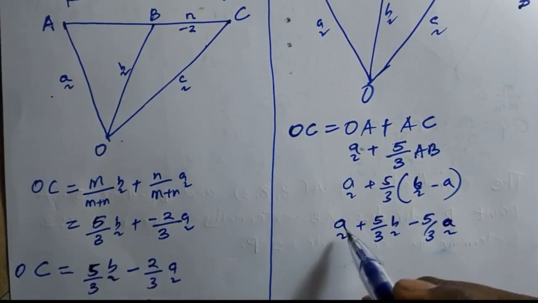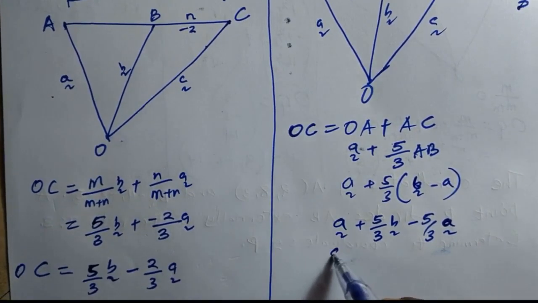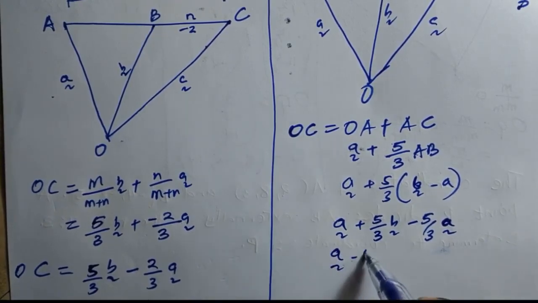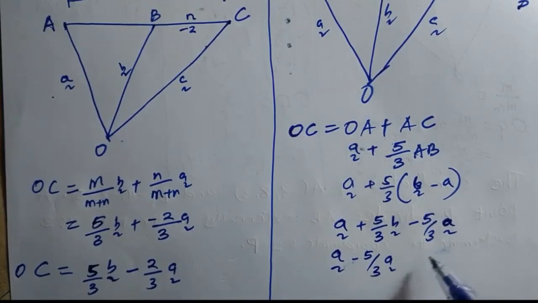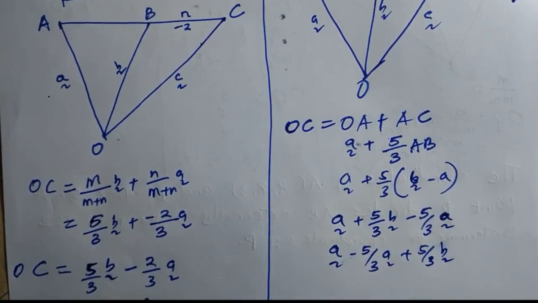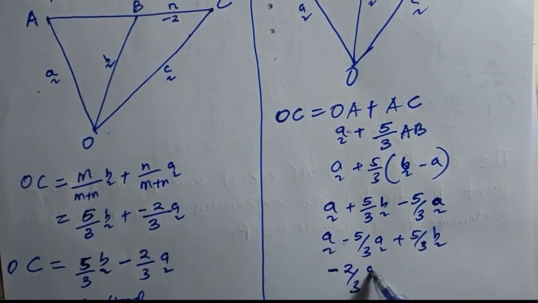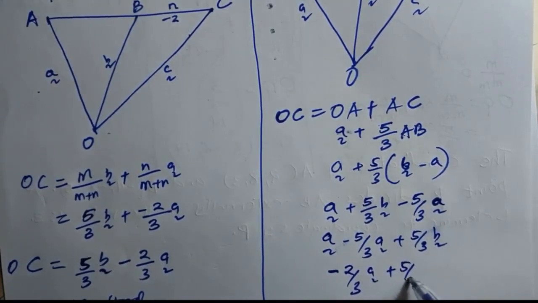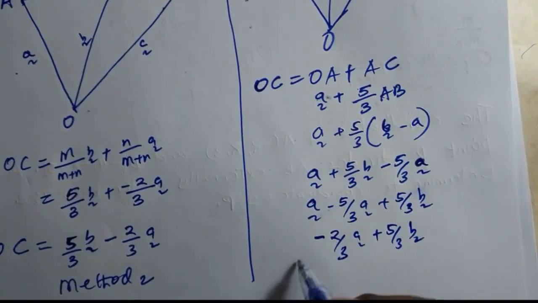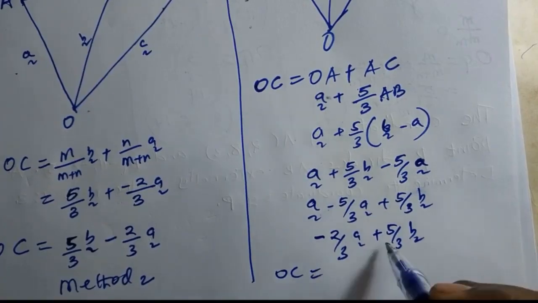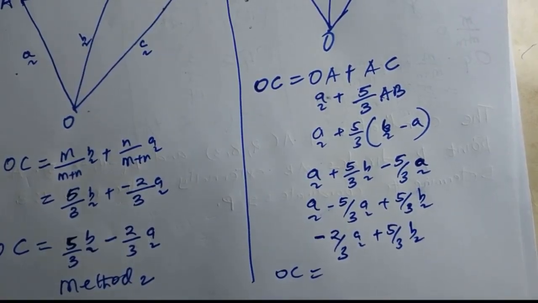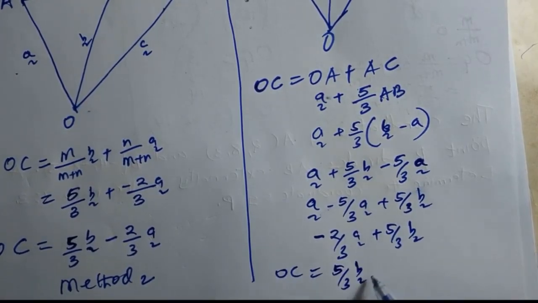Collecting like terms together, A minus 5 over 3A plus 5 over 3B. This one is going to be minus 2 over 3A plus 5 over 3B. And so OC is equal to, starting with the positive, 5 over 3B minus 2 over 3A.